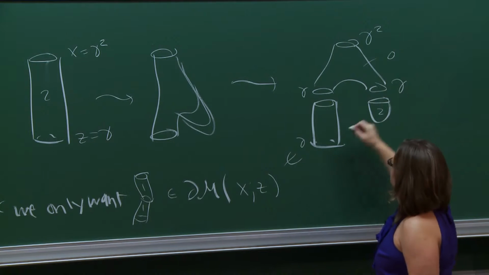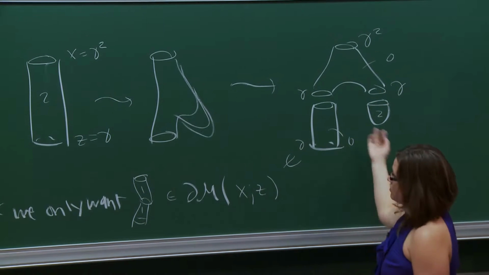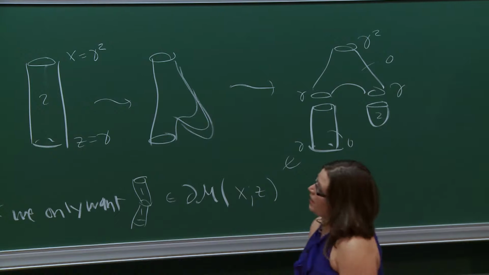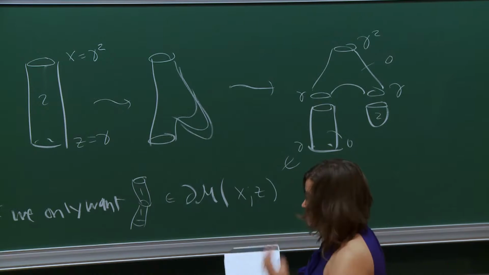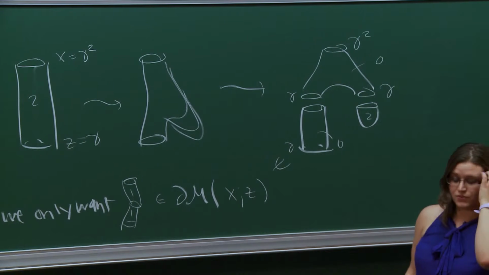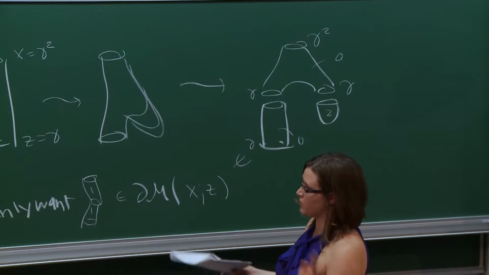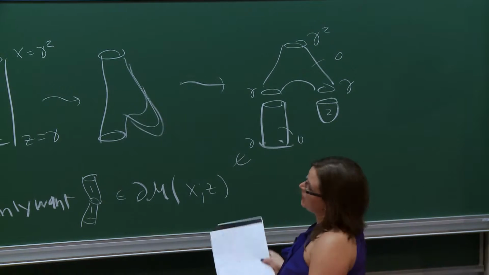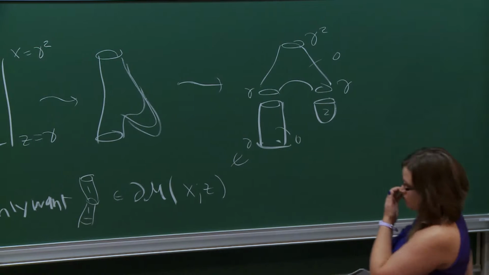This guy has index 0 and this guy has index 0. So this would be an allowable compactification. And in dimension 3, there are really nice iteration formulas for the Conley-Zander index plus automatic transversality, so I'll explain in a minute how you can salvage this theory in dimension 3.